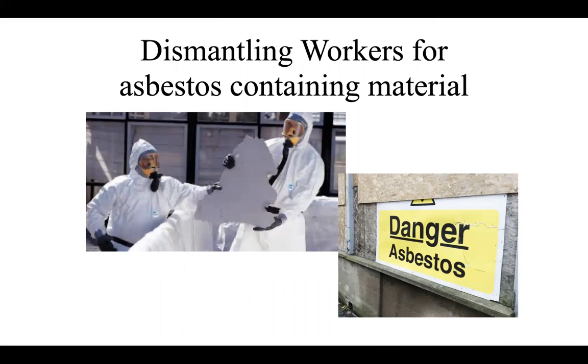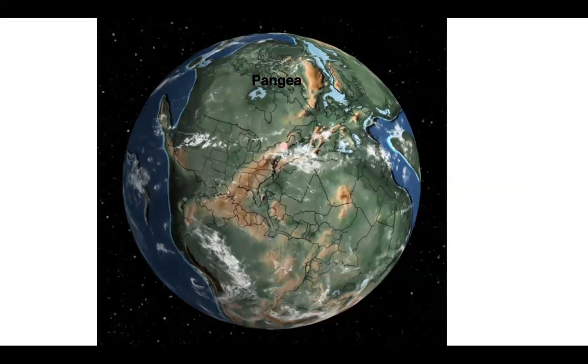Today, dismantling workers should have this kind of protective equipment when they work, and there should be this kind of warning. But for Turkey, there is actually a very different story.